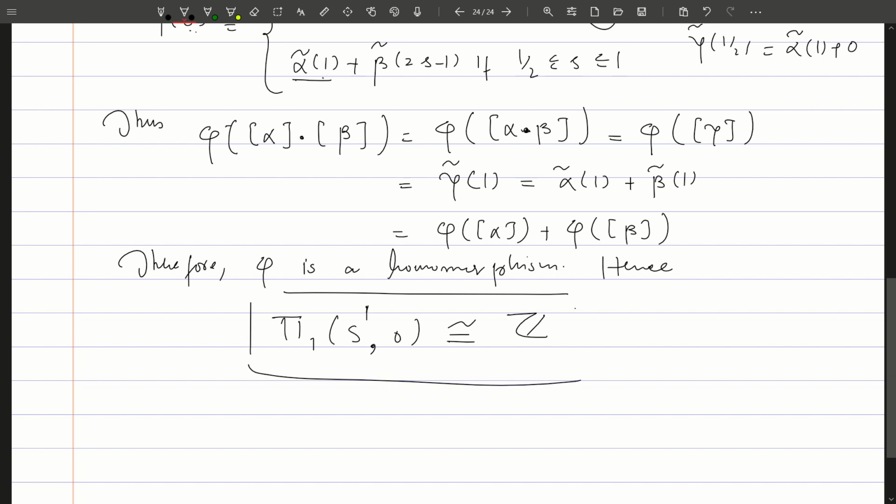This is one of the important results in algebraic topology. Now in the upcoming lectures, we will prove some applications of this result, which include the fundamental theorem of algebra, Brouwer's fixed point theorem, and some other applications as well.